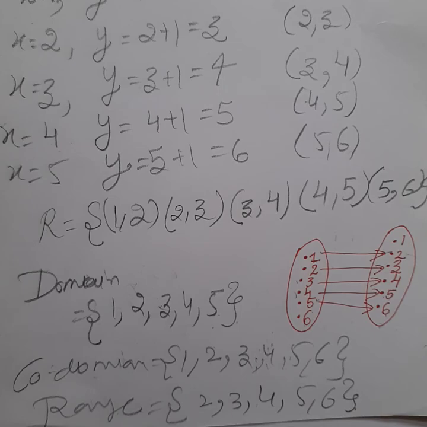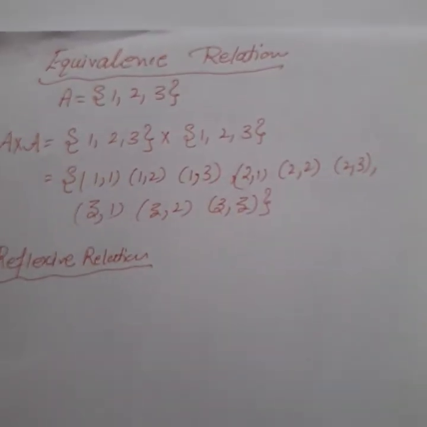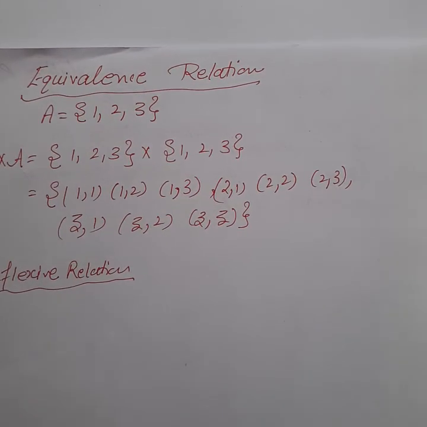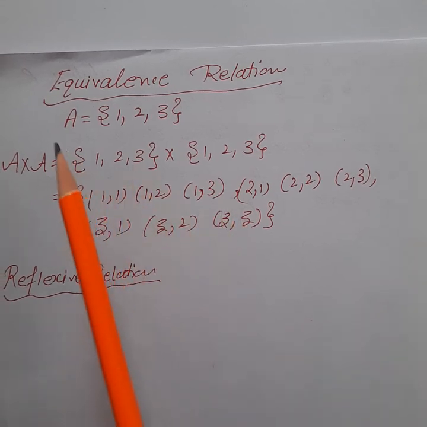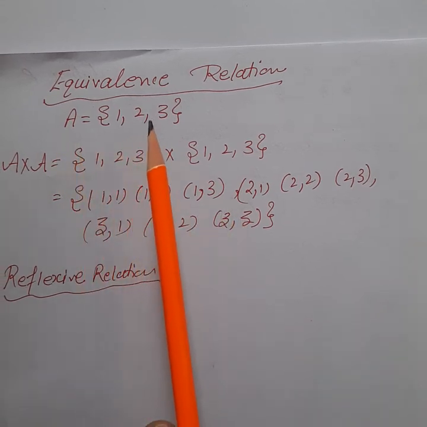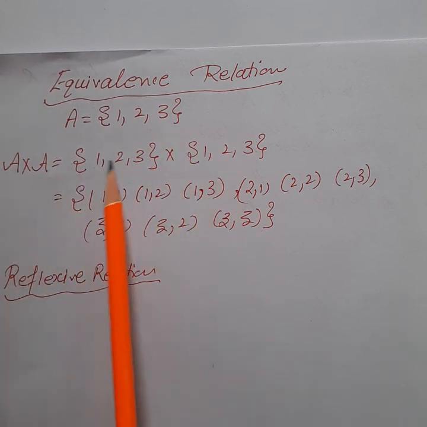Our next topic is how we can find an equivalence relation. What is an equivalence relation? To understand this concept, let us take a set A = {1, 2, 3}.